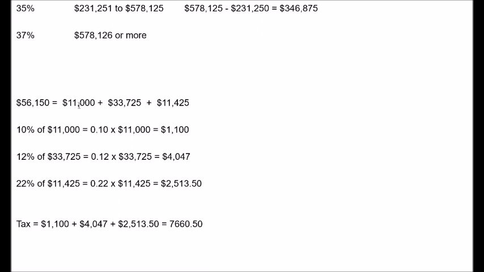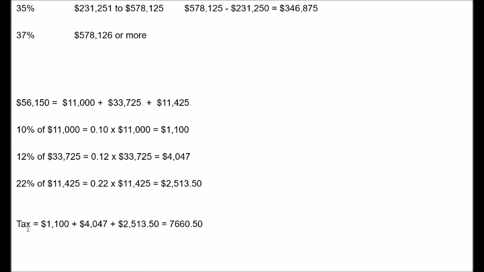10% of the 11,000, or 0.10 times 11,000, it'd be $1,100. 12% of 33,725 is 0.12 times 33,725, and that would be $4,047. And 22% of the 11,425, it'd be 0.22 times 11,425, and that will be $2,513.50.